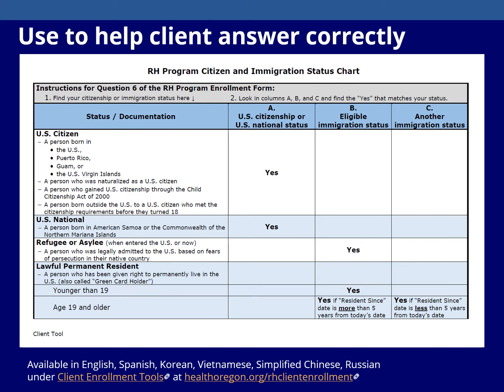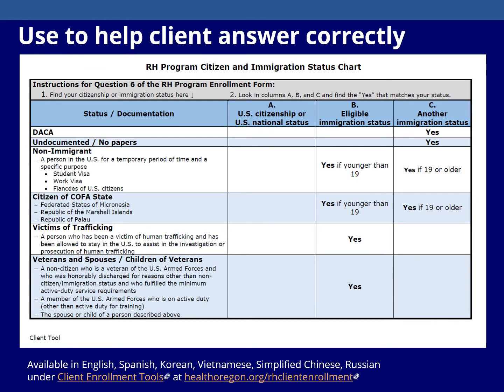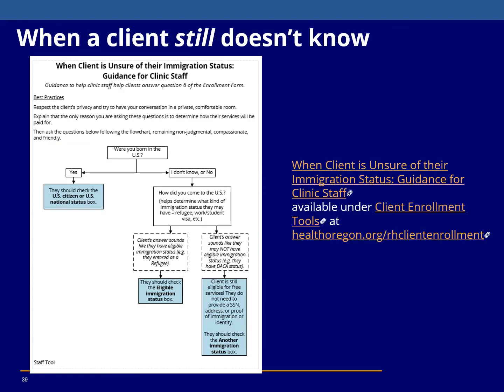It is available on our client enrollment webpage in all the same languages as the enrollment form, and we highly encourage staff to use this chart to ensure that clients have answered the question accurately. And if after looking at the chart, a client still doesn't know how to answer, we have guidance on how to help the client. This is also available on our client enrollment webpage.